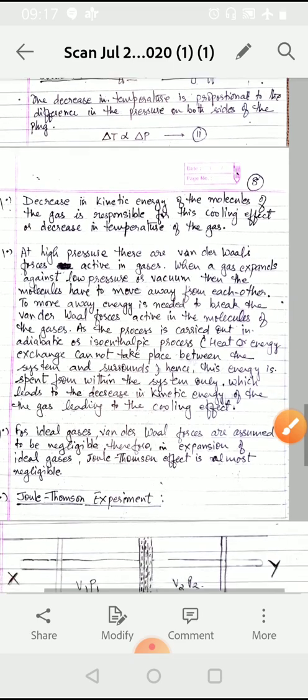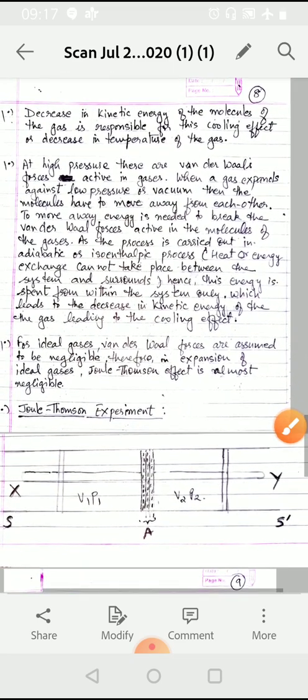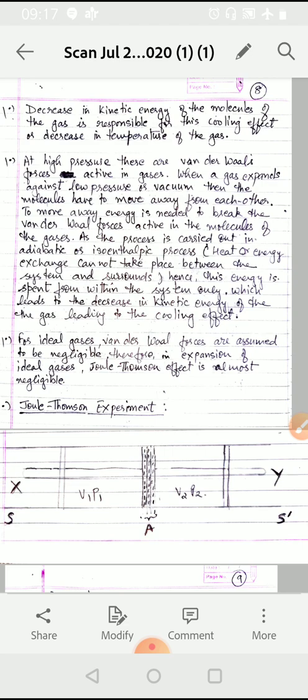Now, the decrease in kinetic energy of the molecules of the gas is responsible for the cooling effect or decrease in temperature of the gas. At high pressure, there are van der Waals forces active in gases. When a gas expands against low pressure in vacuum, the molecules have to move away from each other, and to move away from each other, energy is needed to break the van der Waals forces active in the molecules.